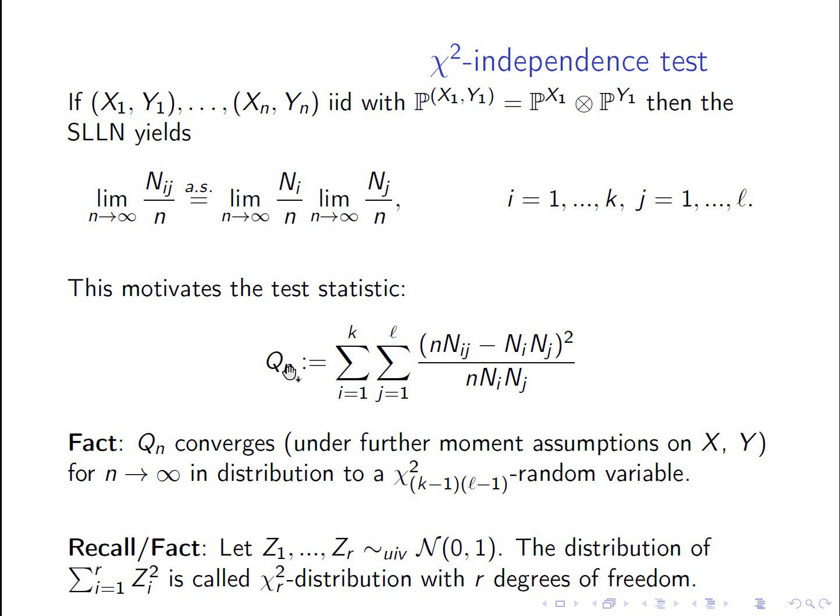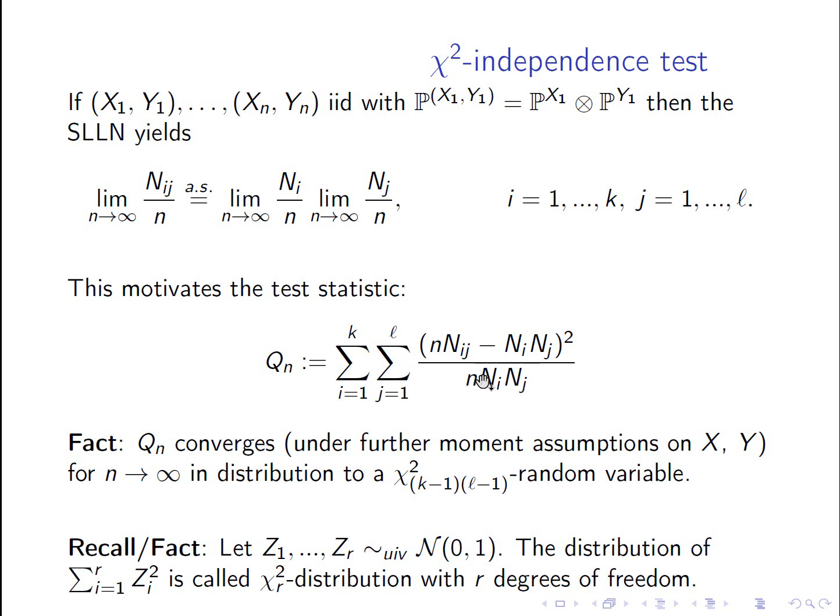A lot of statistical testing is having the appropriate limit theorems, and here for the chi-square independence test, one can use the fact, or one can use the proof of this fact, that Q_n converges, under fairly mild moment assumptions on X and Y. So we need appropriate square integrability at least. So Q_n converges for n going to infinity to a chi-square distribution with the number of degrees of freedom (k minus 1) times (l minus 1).